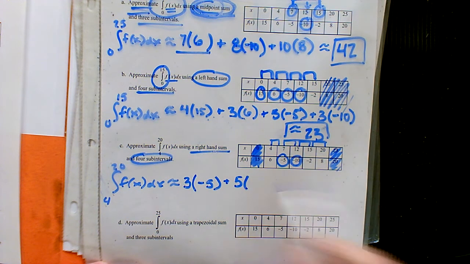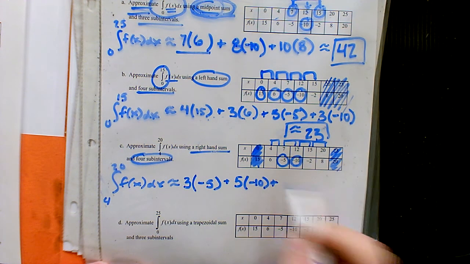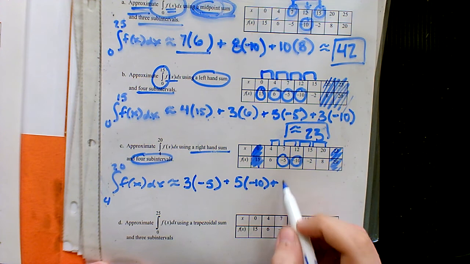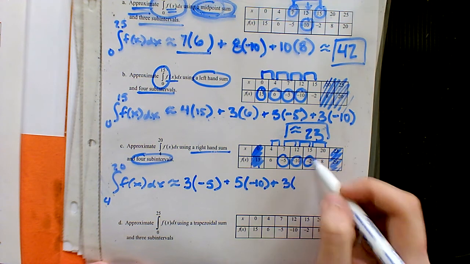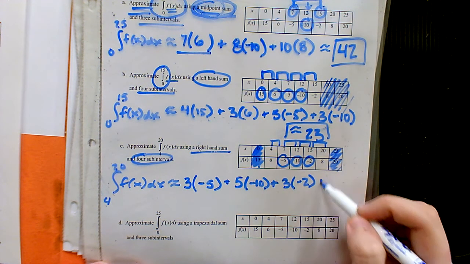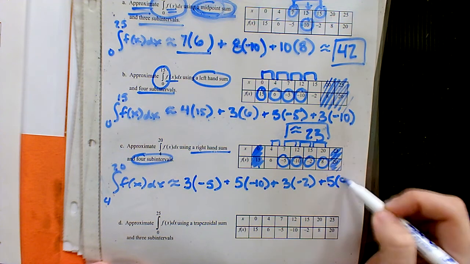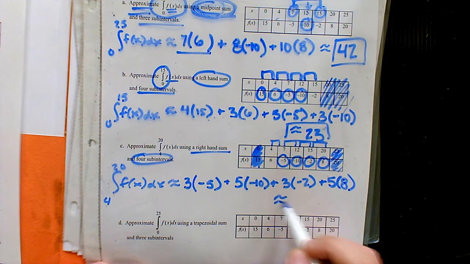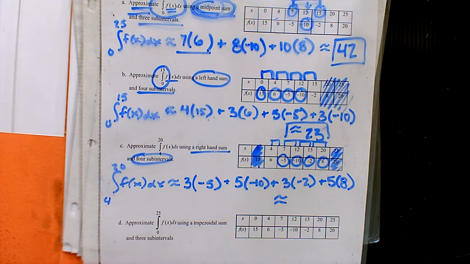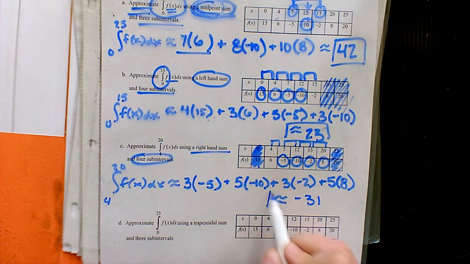Right endpoint would be -10. 12 to 15 is 3, right endpoint -2. 15 to 20 is 5, right endpoint is 8. -31.